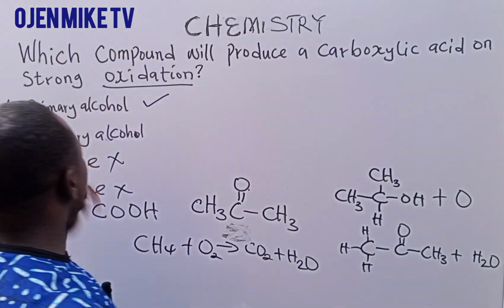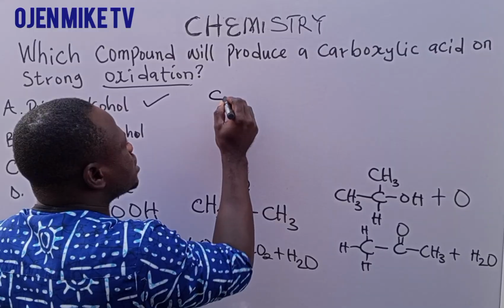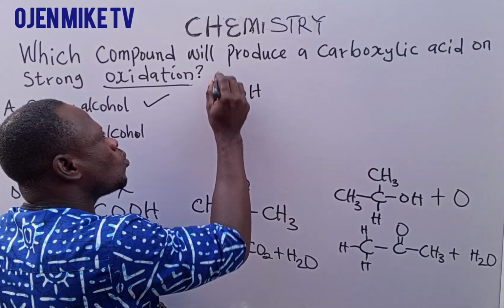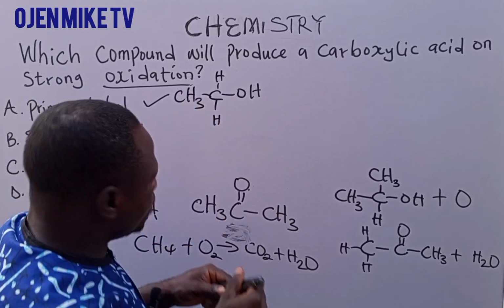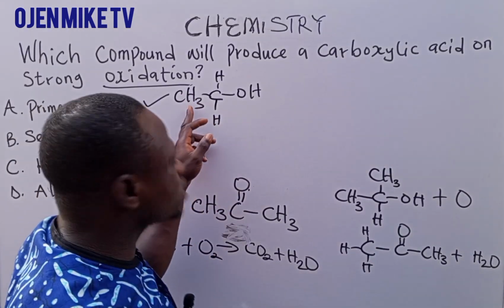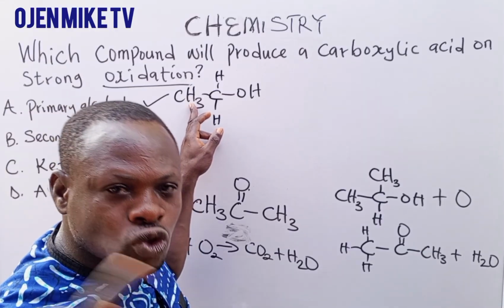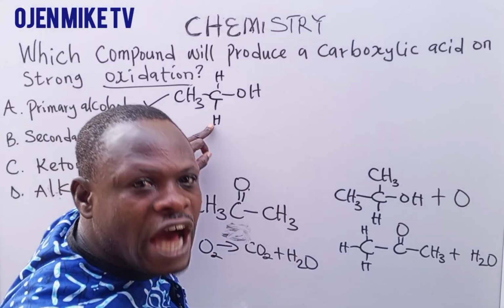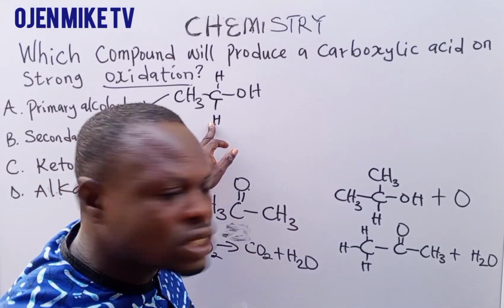Come to primary alkanol. Primary alkanol means we have a carbon atom holding the hydroxyl group, attached to one alkyl group, which can be methyl, propyl, ethyl, and so on. Now, hydrogen here can be removed and oxygen added. Remember, oxidation is addition of oxygen and removal of hydrogen.